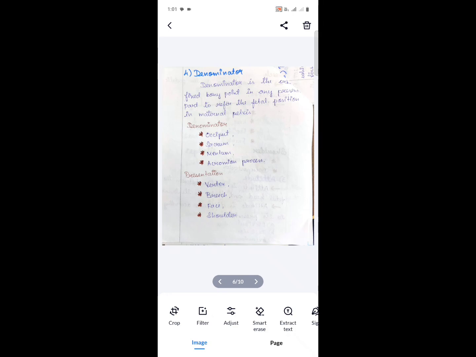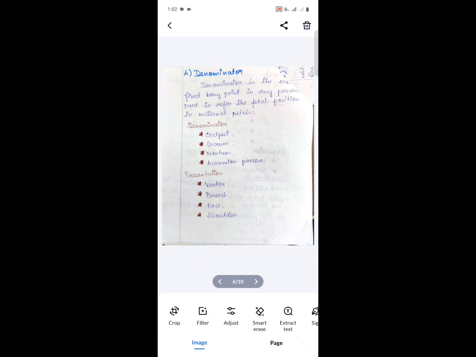Whichever part touches the landmarks of the pelvis, according to that we can decide the denominator.